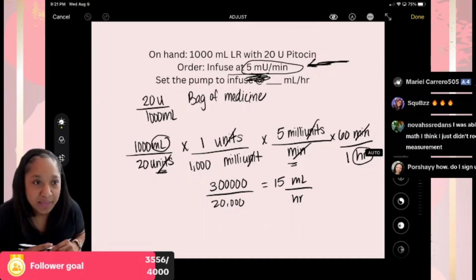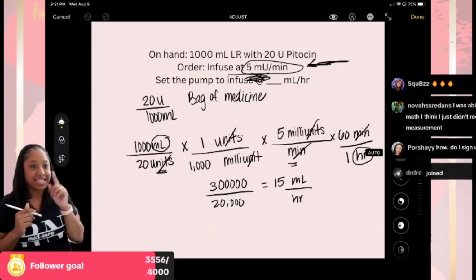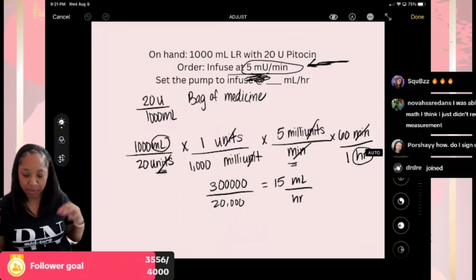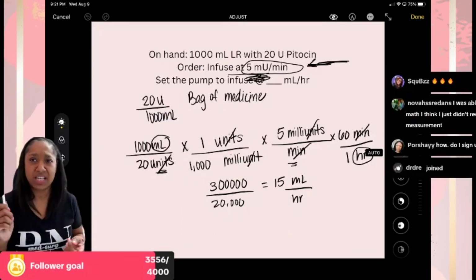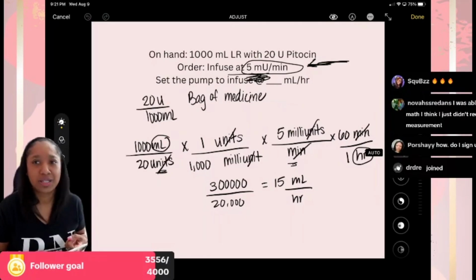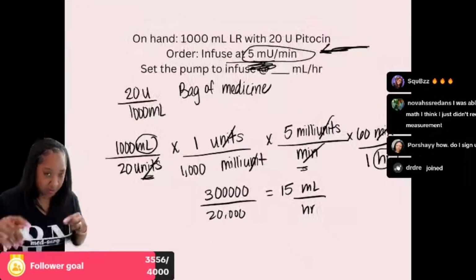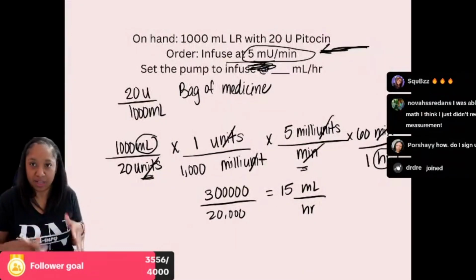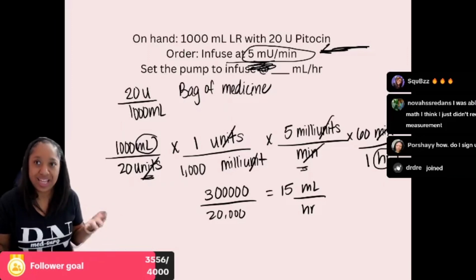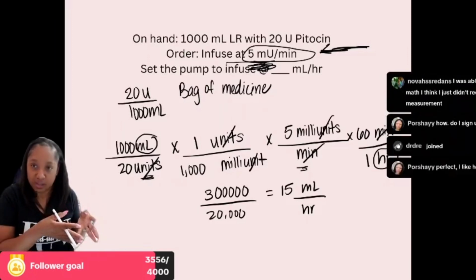I was able to do the math. I think I just didn't recall that unit of measure. Yes, so that's why I kind of broke it down, because you hardly ever see a milli-unit unless it's a Pitocin problem. But it's the same concept as a gram or a liter. It's just the prefix that changes.